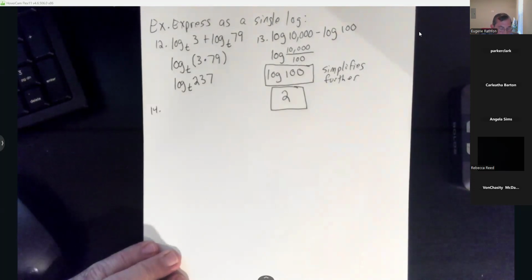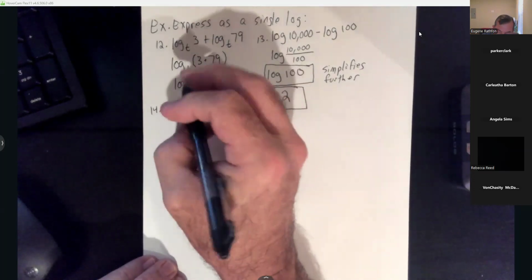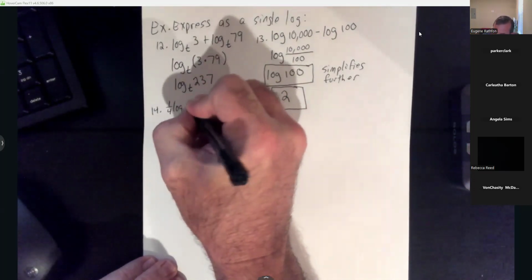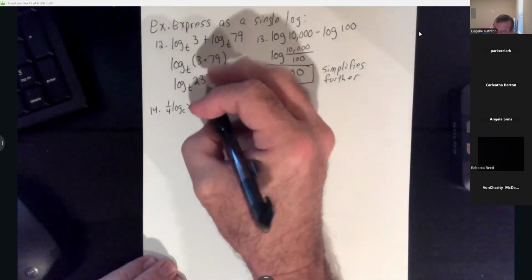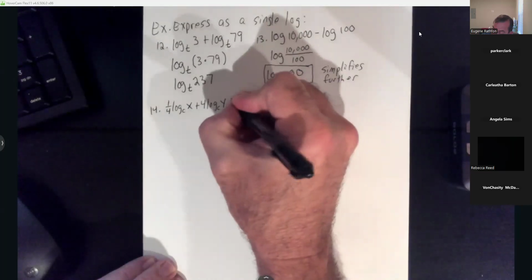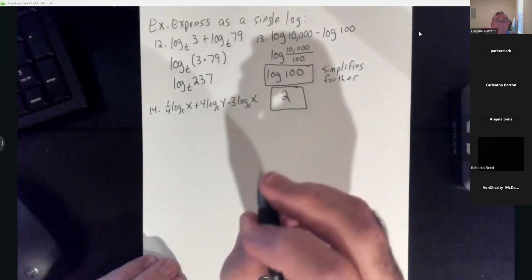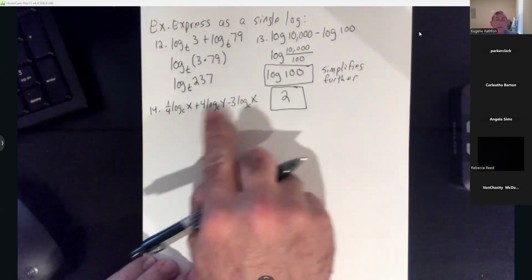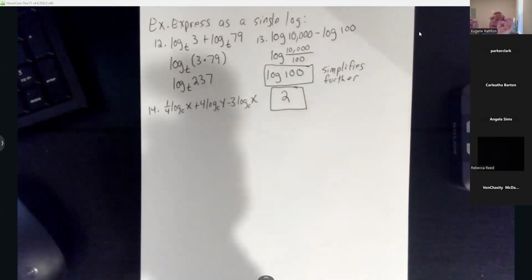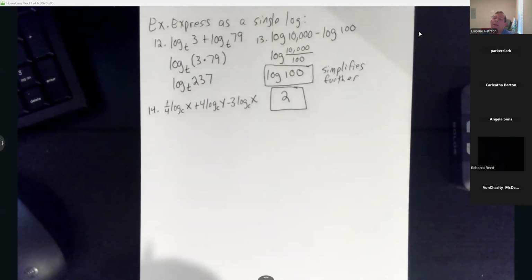All right, y'all, 14. So let's up it now. Let's do this one. A 1/4 log C of x plus a 4 log C of y minus 3 log C of x. So 3 terms here. So the first move I'm going to do is what I made y'all do on the last move earlier.